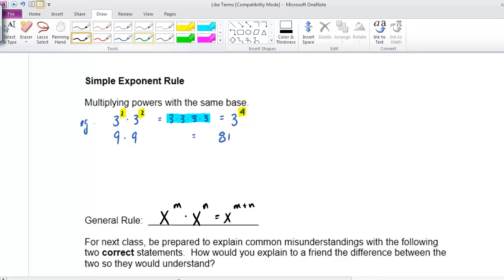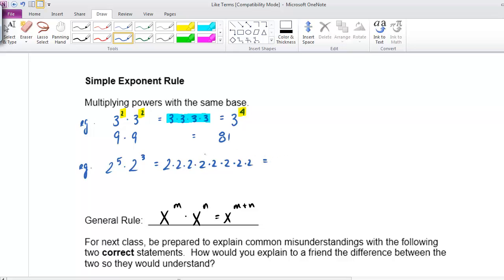So let me do one more example to illustrate that. Now next unit, after we finish this unit, we're going back and we're going to do a lot more exponent rules. If I asked you what 2 to the power 5 times 2 cubed, let's just do this one. If I expanded that out, well, 2 to the power 5 is equal to 2 multiplied by itself 5 times, times 2 multiplied by itself 3 times.